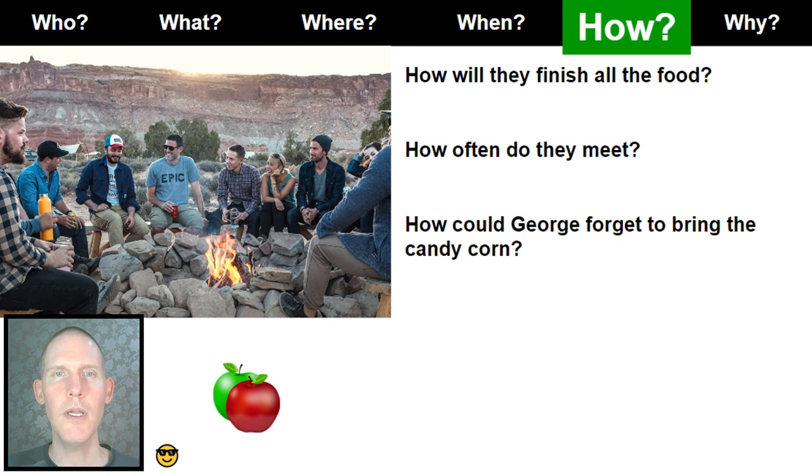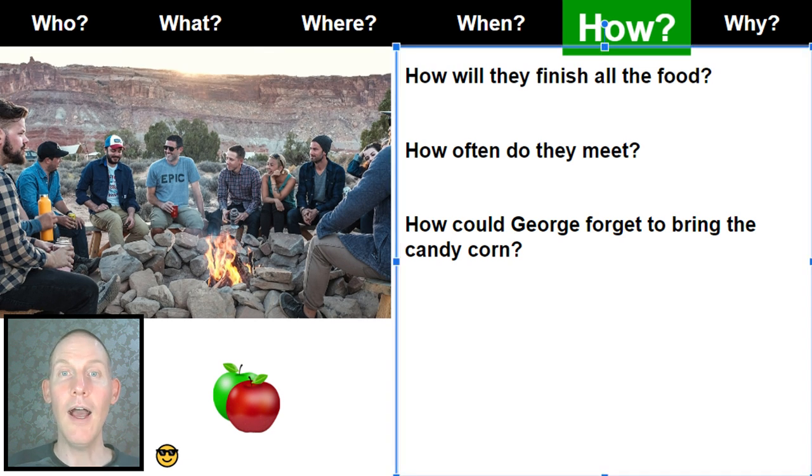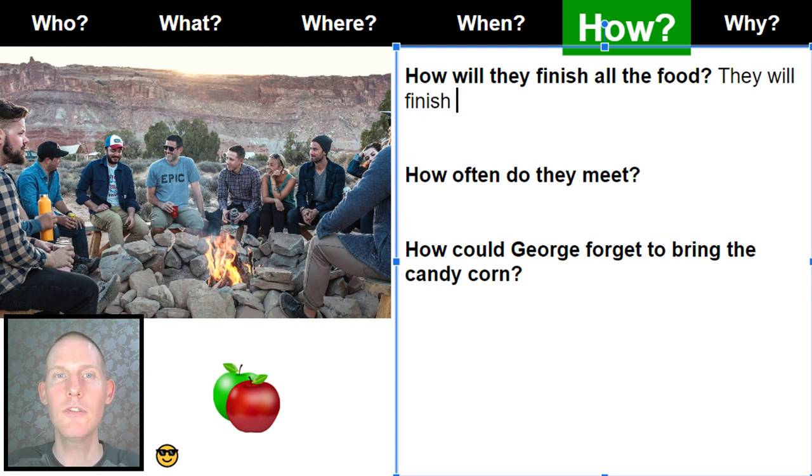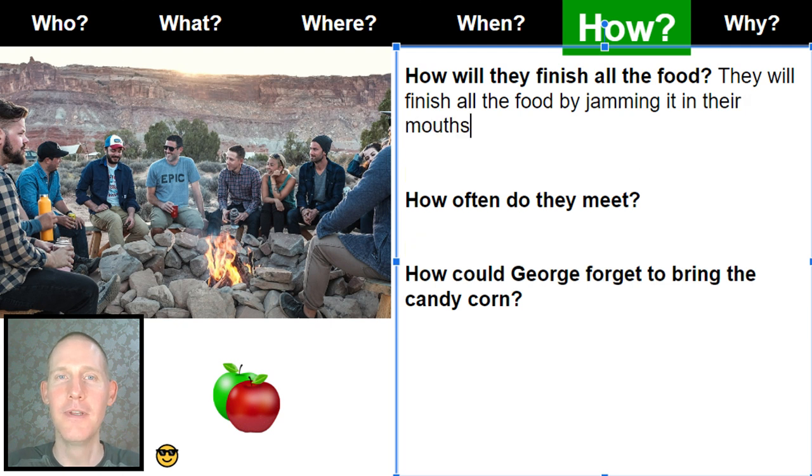All right, so let's go back to the first page. How will they finish all the food? They will finish all the food by jamming it in their mouths. Jamming is like you're forcing it, jamming it in. All right.